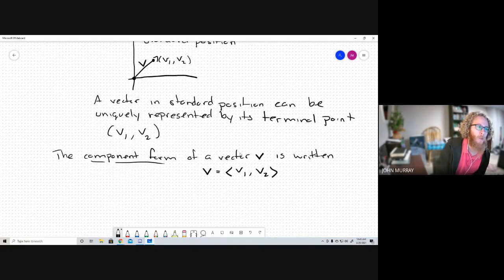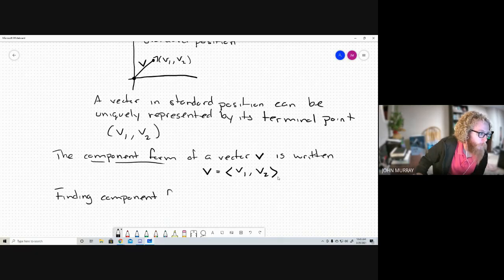And we don't use those rounded parentheses anymore. We use the triangular brackets. All right, so the component form of the vector v is written v equals <v1, v2>. Right, and this is what we use to do that comparison. So we can find the component form.